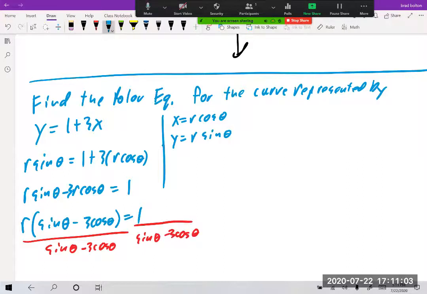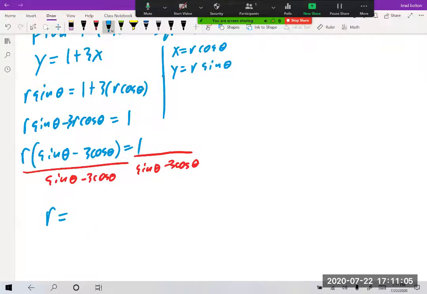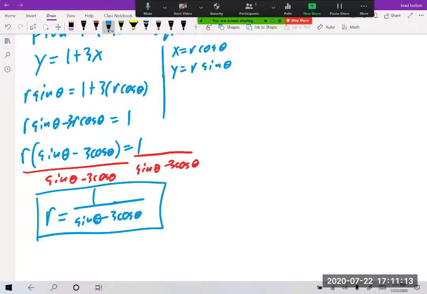So then our answer would be r equals 1 over sine theta minus 3 cosine theta. And that would be how we could find the polar equation for y equals 1 plus 3x. Okay? So this is just one technique that we can use.